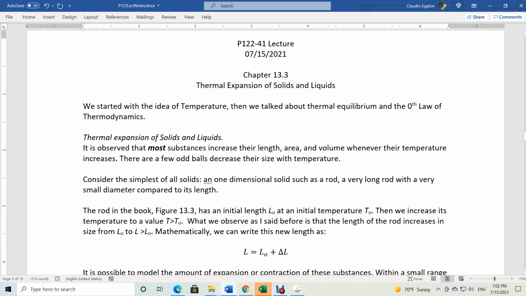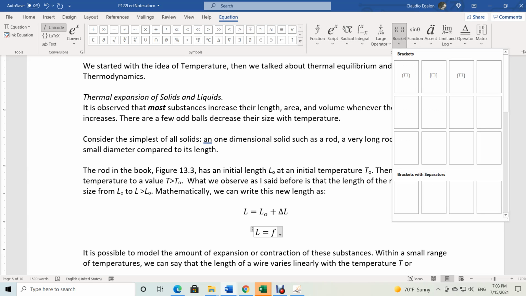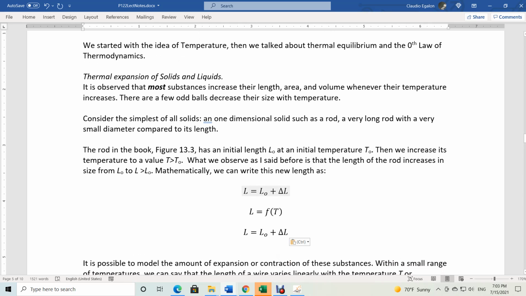Because there was an increase in the temperature, because the length of the rod increased because of temperature changes, we can also say that this length L is a function of the temperature T. I'm going to write that as L of T, which is equal to L naught plus delta L. That's a mathematical notation, right?